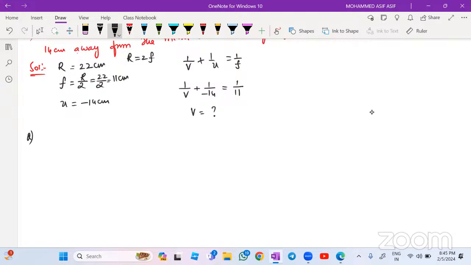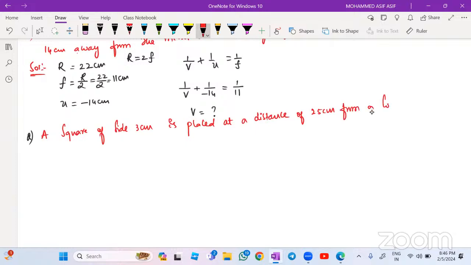Next question. A square of side 3 centimeter is placed at a distance of 25 centimeter from a concave mirror of focal length 10 centimeter.